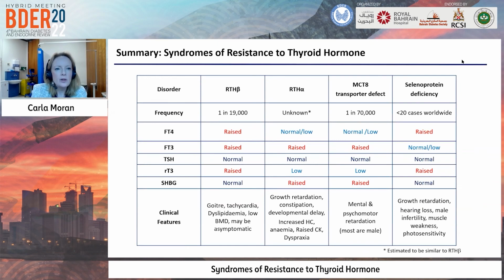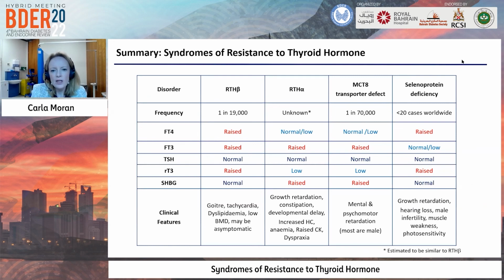So this is a table summarizing the syndromes of resistance to thyroid hormone. I've included RTH beta, RTH alpha, and MCT8 transporter defects. And for completeness, I've also included selenoprotein deficiencies, which I haven't had time to discuss. The typical biochemical patterns are shown here, and the clinical features.